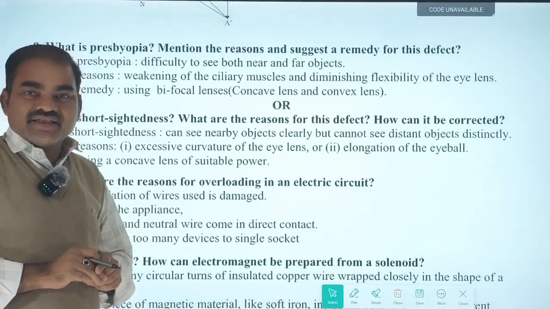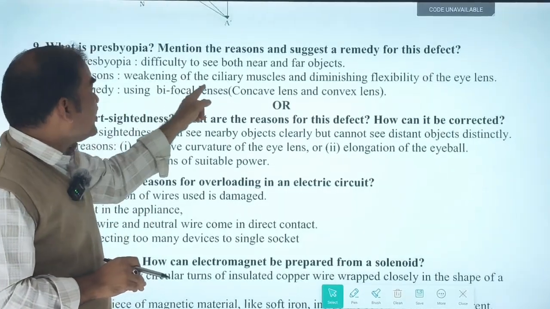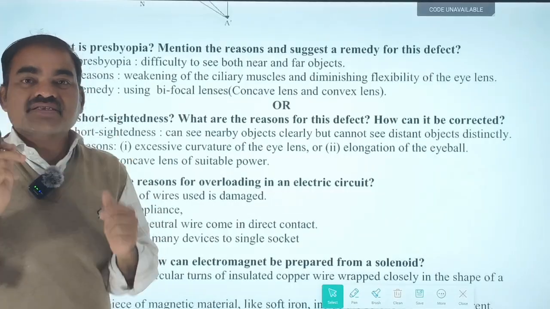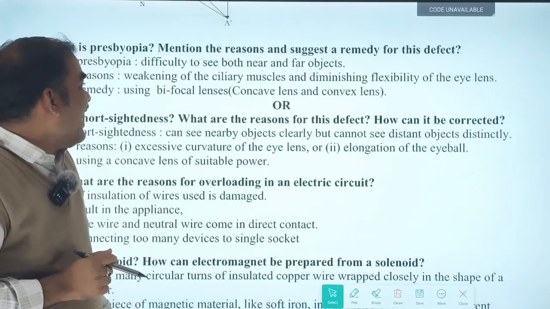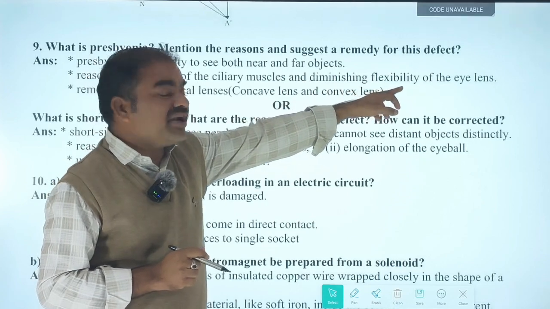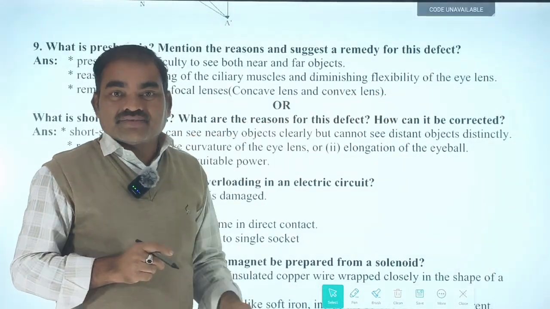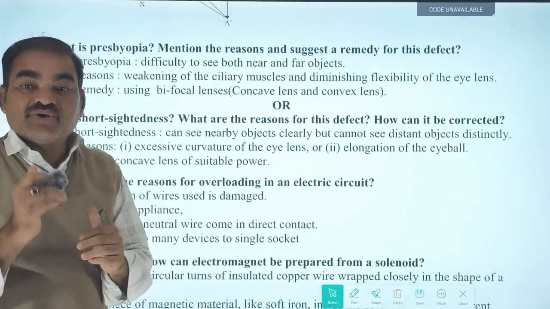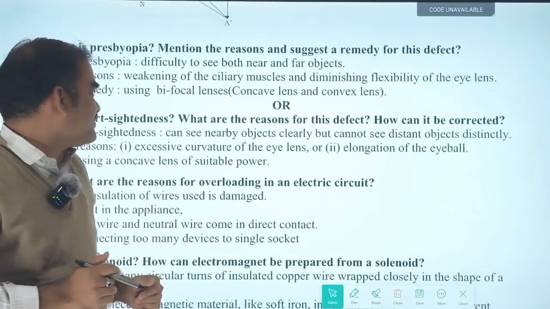What are the reasons? Weakening of the ciliary muscles, and diminishing flexibility of the eye lens, which is reduced because of aging.